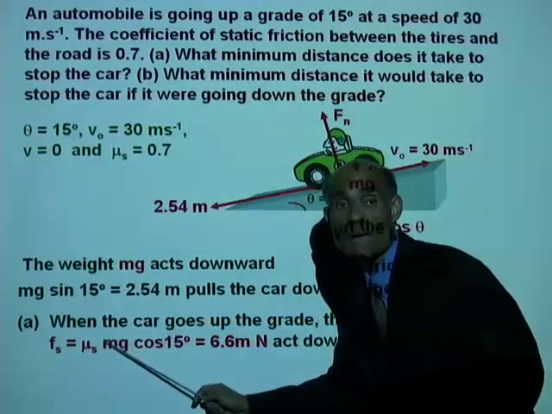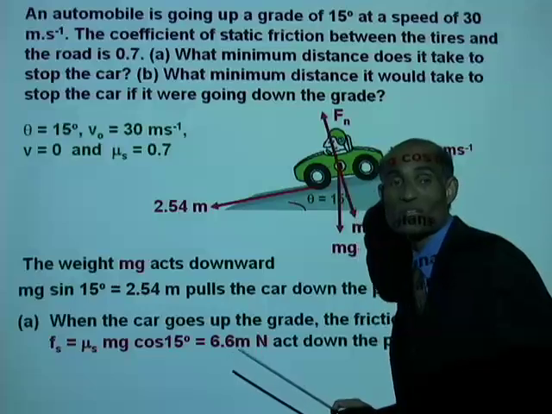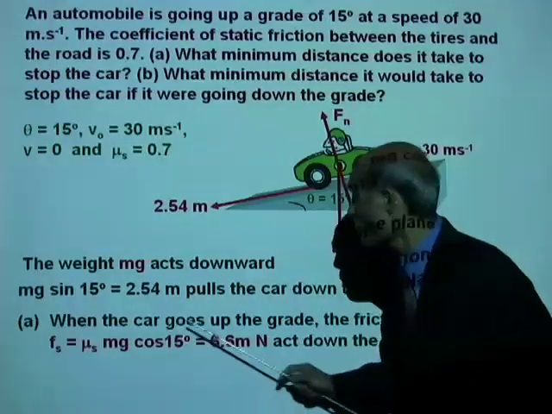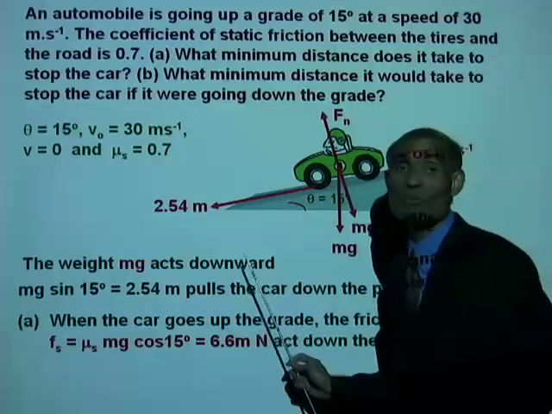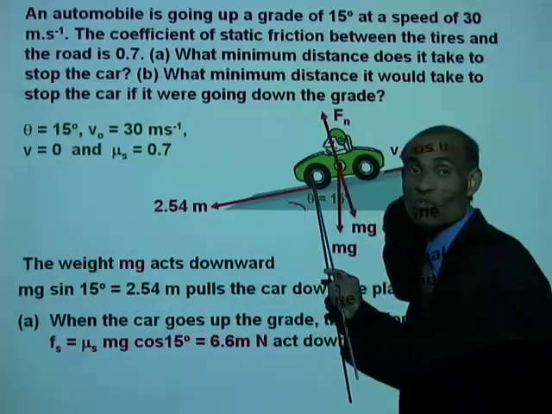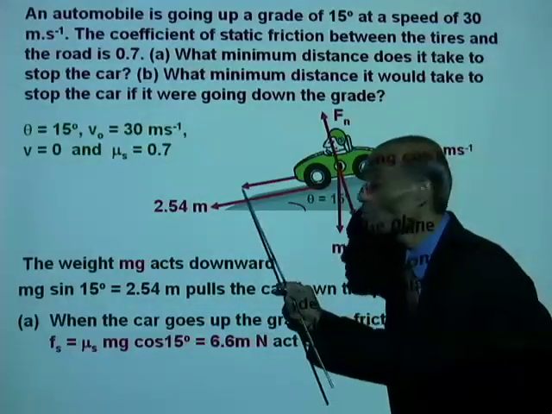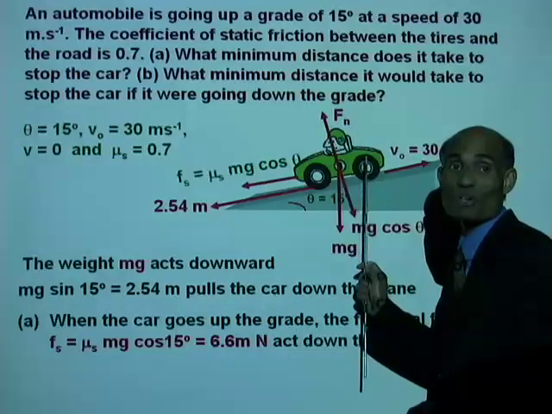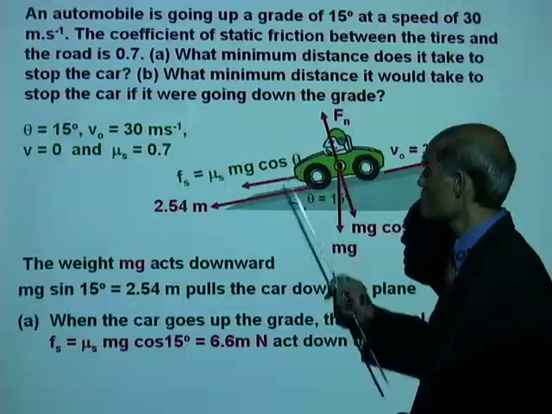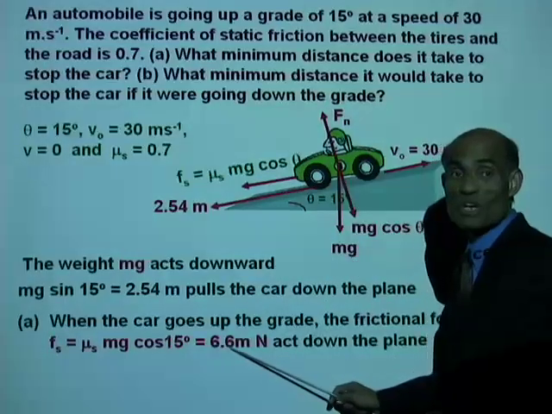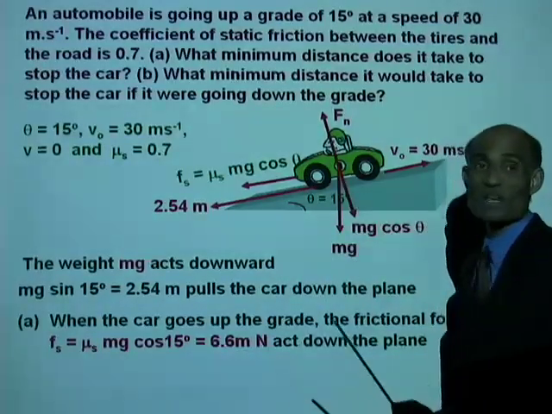We don't know the mass of the car, so we leave it as such. The frictional force Fs is 6.6 m. And what is the direction of that frictional force? It is down the grade because the car is going up. So Fs equal to mu s mg cos theta, which is equal to 6.6 m.